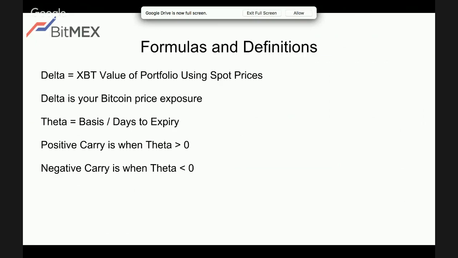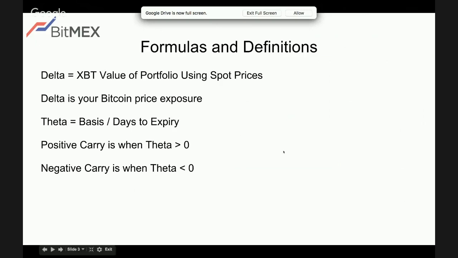And we can either quote basis in US dollar or Bitcoin terms. I will quote it in Bitcoin terms based on the payout of the futures contract. Positive carry, which means every day you are making money, is when your theta is greater than zero. And negative carry is when your theta is less than zero.